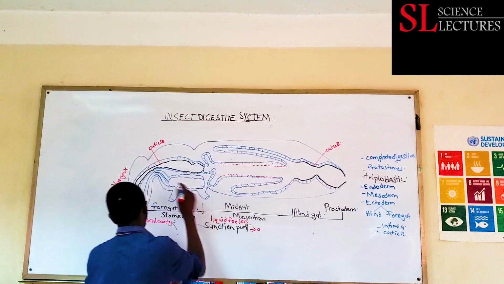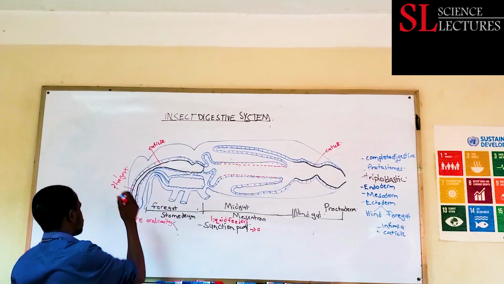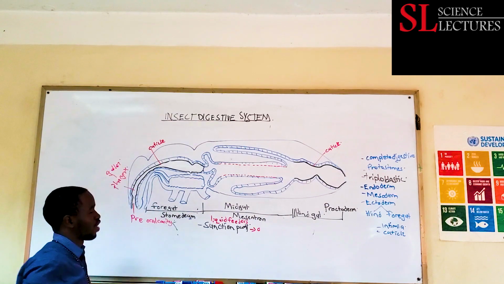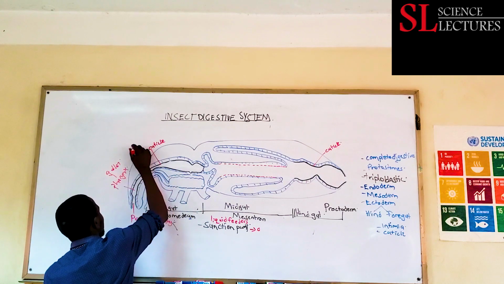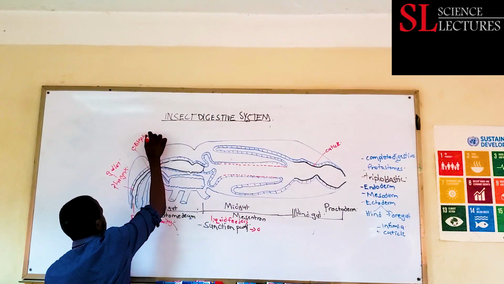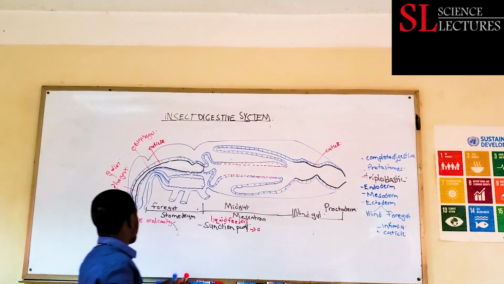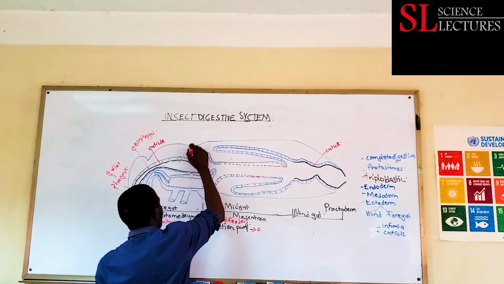In solid feeders, the role of the pharynx is to push food to the gullet, or the oesophagus. So from the pharynx, the next part is the oesophagus, which moves the food from the pharynx to the next part, which is the crop.